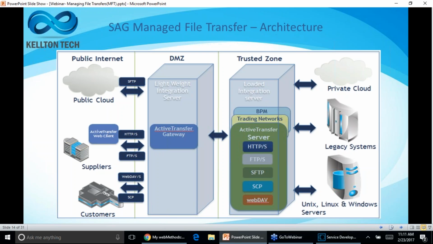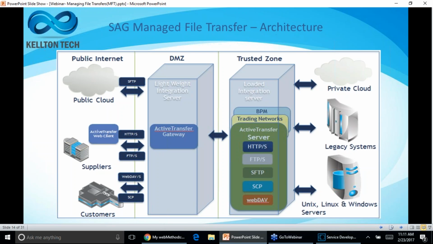The Active Transfer Gateway server runs on the enterprise gateway server. It is a lightweight integration server. It doesn't require any database, and it doesn't require any storage when we are transferring files from outside the network. The third one is the Active Transfer server.